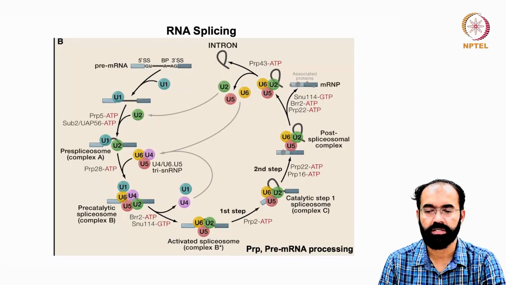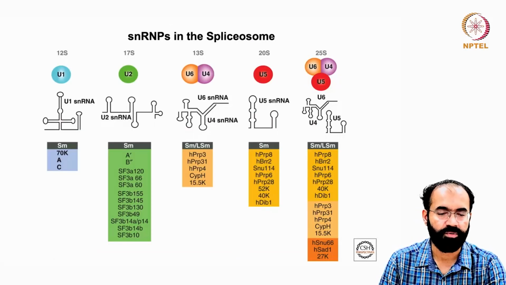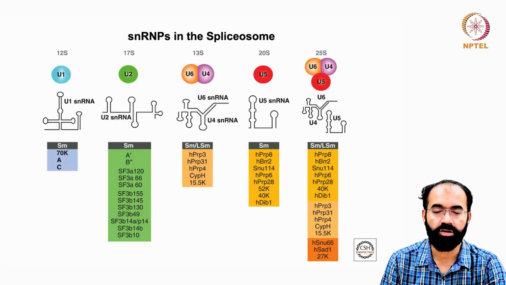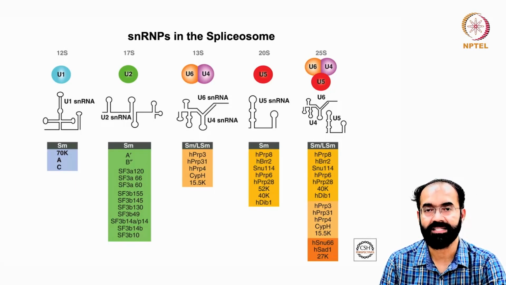Let us now look in detail at how individual snRNAs form complexes and what their structure is. So here you can see U1, U2, U6, U4 pair, U5 and U6, U4, U5 pair. These are all the different stages of complexes during a single splicing event.